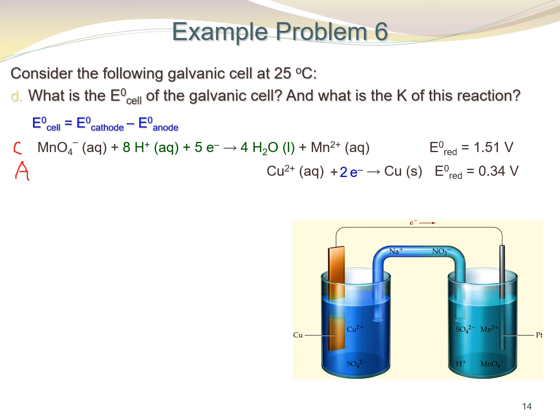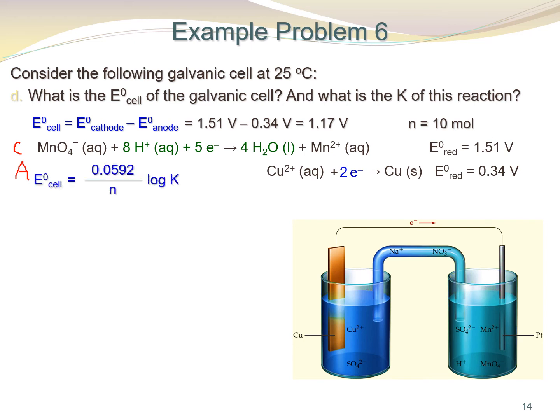But nevertheless, once we have this laid out, the reduction potential on the cathode minus that of the anode gives us 1.17 volt. That is the standard potential of the cell. I just want to remind you, N is equal to 10 moles from the previous slide.